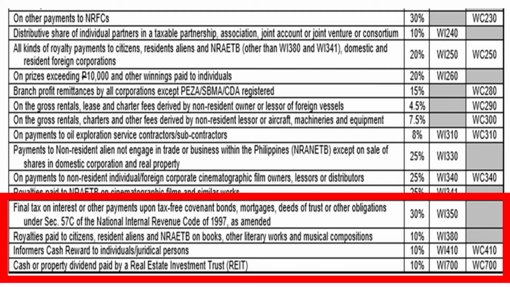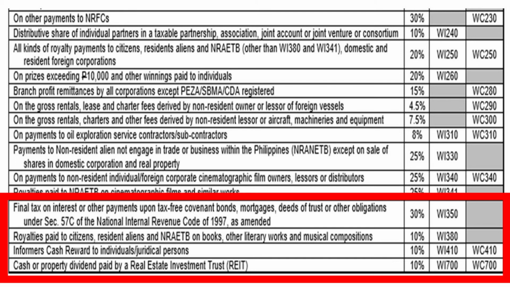Royalties paid to citizens, resident aliens, and non-resident alien engaged in trade or business on books, other literary works, and musical composition, 10% for individual, W1380. Informers' cash rewards to individuals or juridical person, 10%. For individual W1410, for corporation WC410.